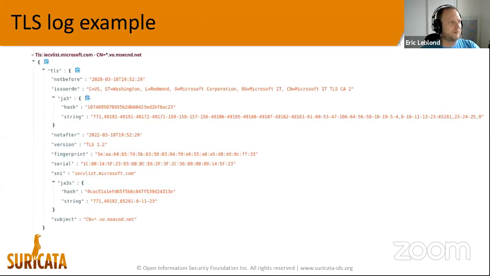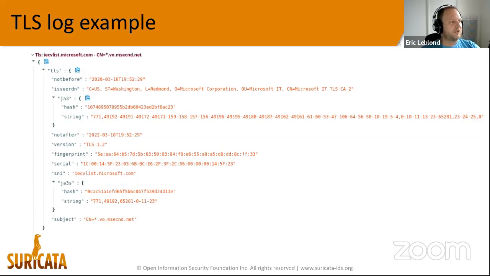So here is an example of a TLS 1.2 event in Suricata. The first field is the validity, and we've got the not before, then we've got the not after a bit below. This is the information about the validity date of the certificate. And then you have the issuer DN, so the certificate authority that did sign the negotiation.